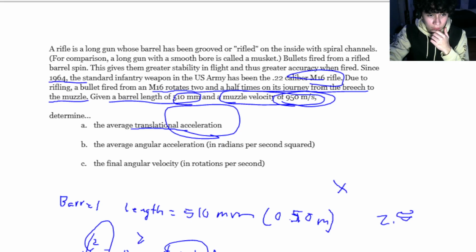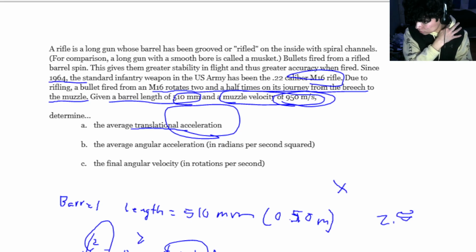So acceleration, solving for acceleration: 950 to the second power, minus the initial velocity, which would be 0, and then you divide all that by 2 multiplied by the displacement, 0.510.